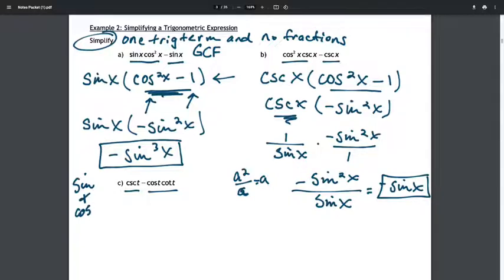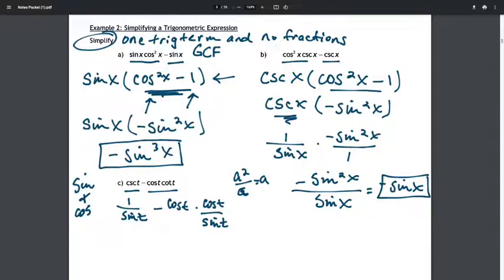So I'm going to change cosecant to be 1 over sine t. Cosine is already just in terms of cosine. And then cotangent's the same thing as cosine over sine using my quotient identity.